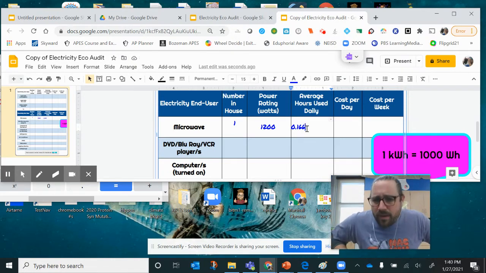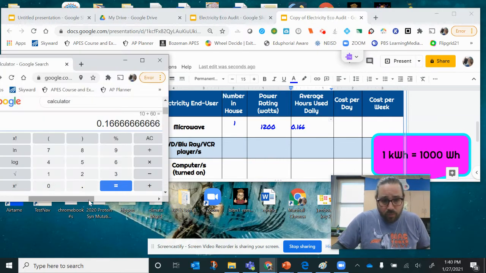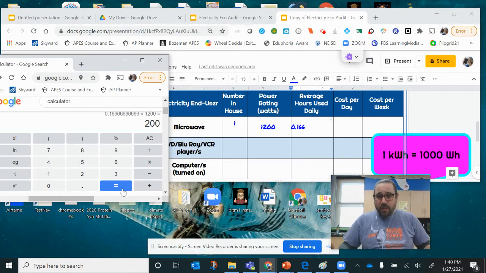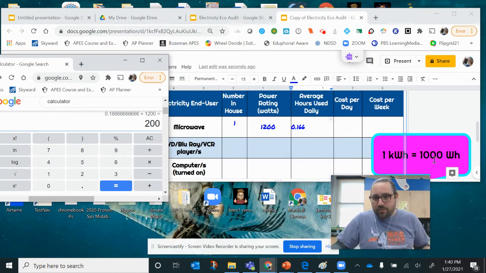So, what's my cost per day? Well, 1,200 watts times that 0.1666 gives how many watt hours I use. But San Antonio charges me per kilowatt hour, so I need to divide this number by 1,000. 1 kilowatt is 1,000 watts.